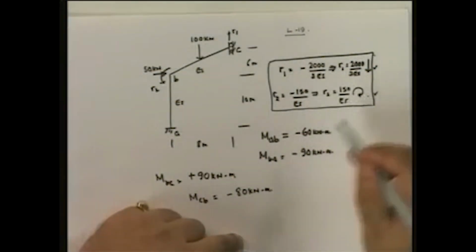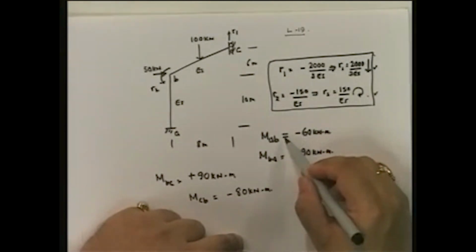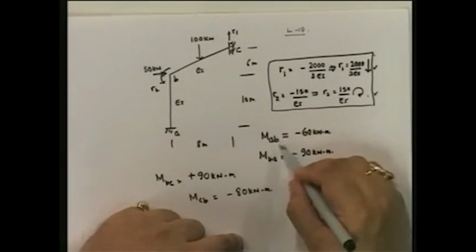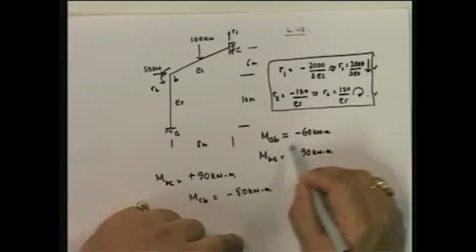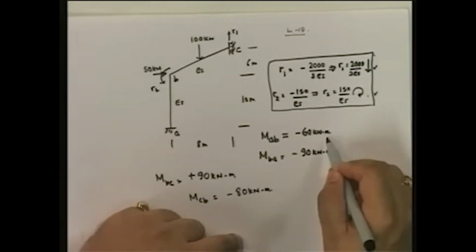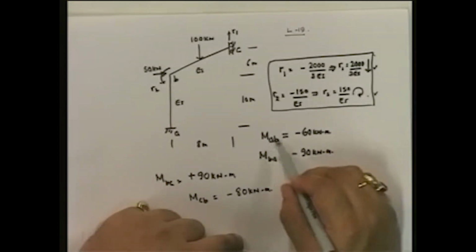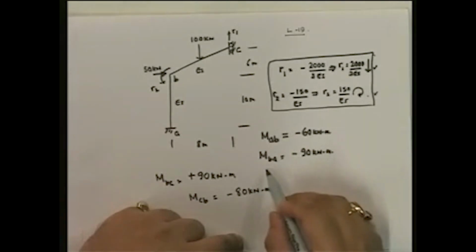Now that you know R1 and R2, if you substitute them back into the member end moment relationships, then you get MAB equal to minus 60 kilonewton meter, which essentially means MAB is clockwise 60 kilonewton meter.